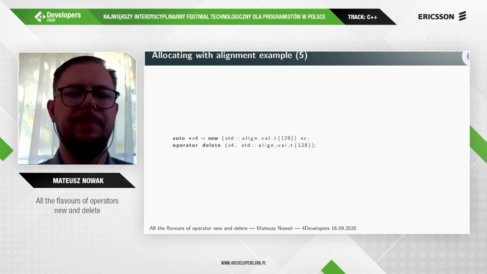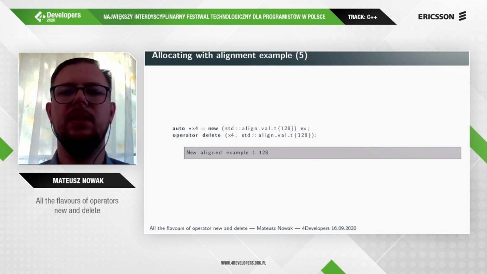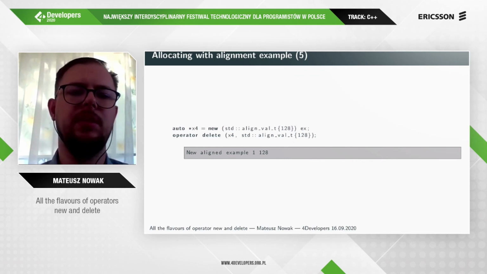So try again. This time we are also passing the alignment value to operator delete. And what will happen is, again, the global version will be used. This time the aligned version of global operator delete, but still not what we wanted.